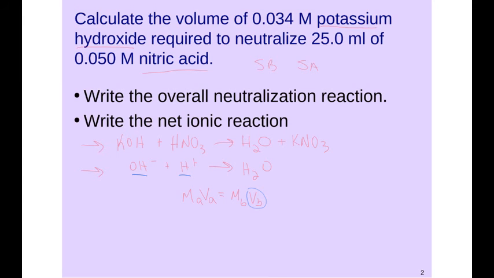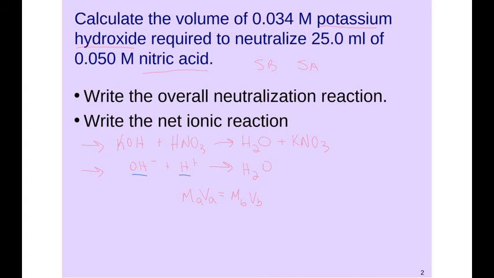So if we rearrange this equation, we have the molarity of our acid times the volume of our acid divided by the molarity of our base. So that would be 0.050 molar nitric acid times the volume of that acid, which is 0.025 liters, divided by the molarity of our strong base, which is 0.034 molar.